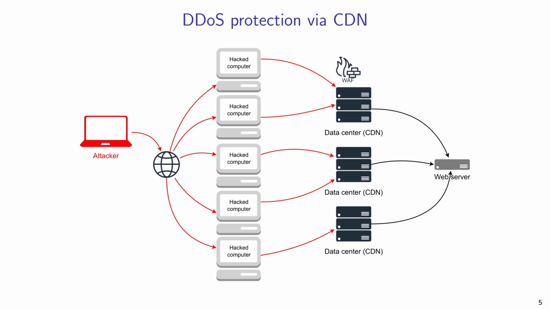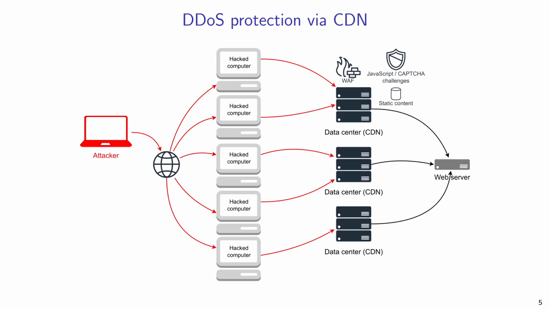In addition, the CDN may offer web application firewall capabilities, enabling us to block HTTP requests based on certain characteristics. To fight bots, the CDN can apply JavaScript and captcha challenges, blocking requests unless these challenges are completed. The key point is that these challenges are solved by clients interacting with the CDN, so the origin server is not involved in this process. This ensures that only legitimate human traffic reaches the origin server.